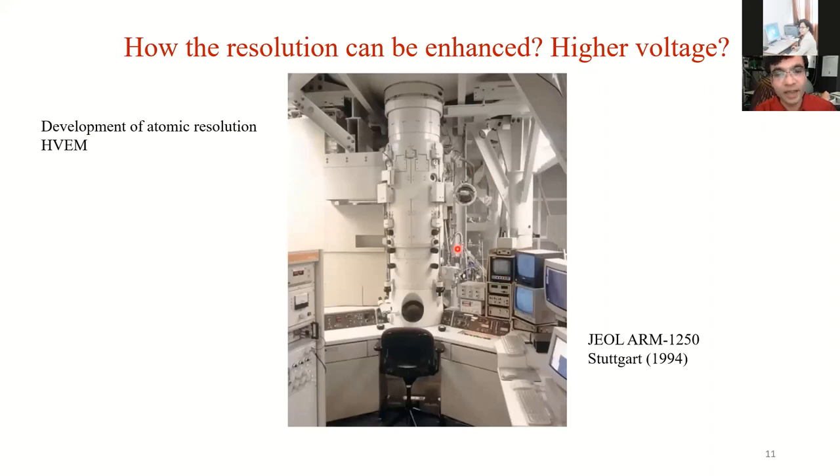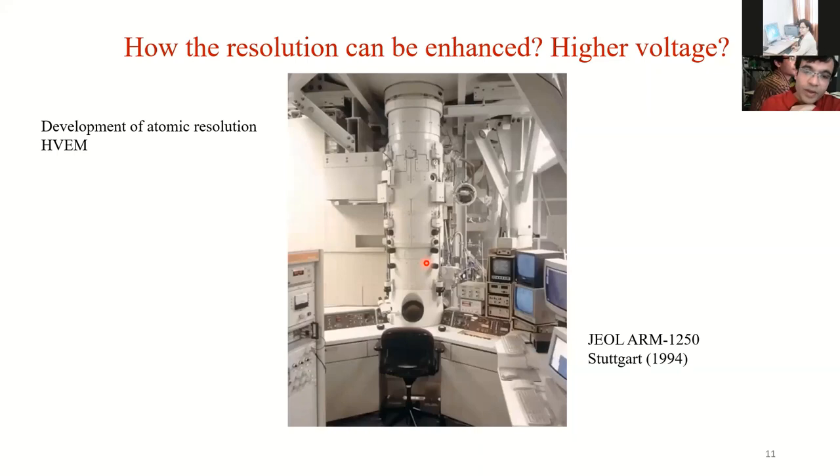Hitachi and JEOL developed this mega electron volt electron microscope. You have the accelerator component on the top of it and your imaging here. And this significantly improved things. The target at that time was 1 angstrom structural image resolution.